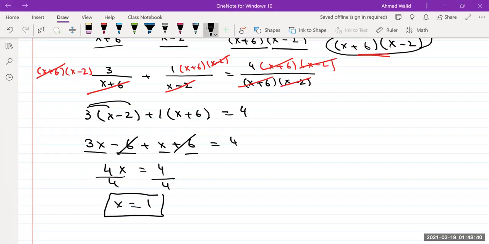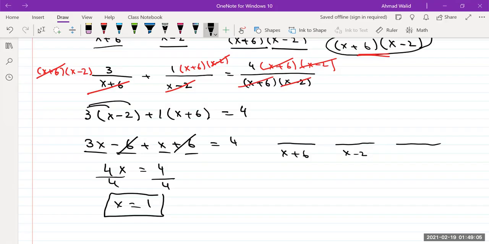But now, is this the solution for this equation? Because if you remember from last lecture, part 1 of this lecture, you have to plug this number into your denominators. The first denominator was x plus 6. The second denominator was x minus 2.